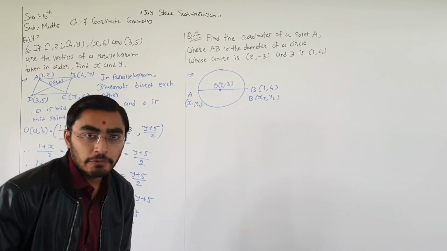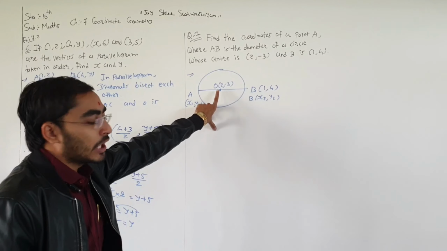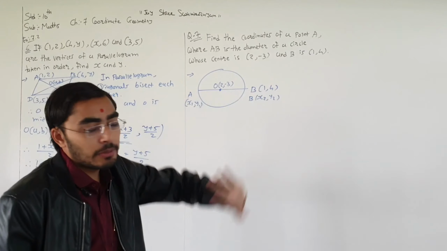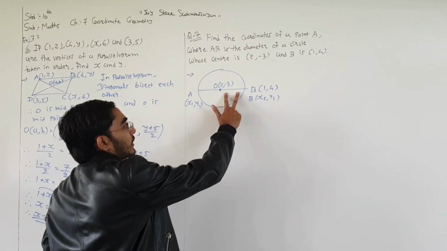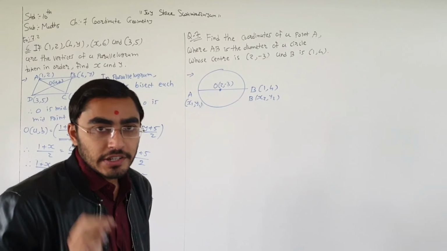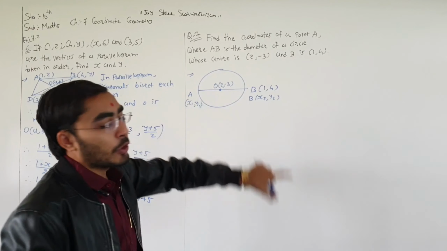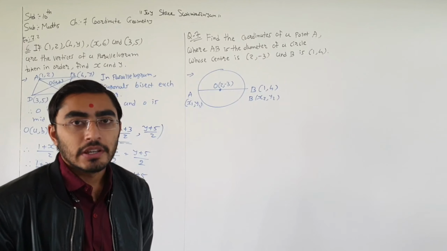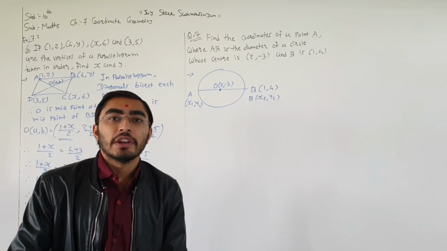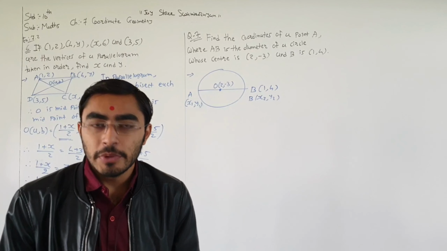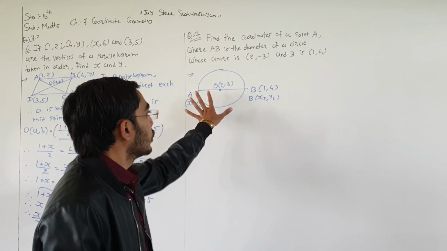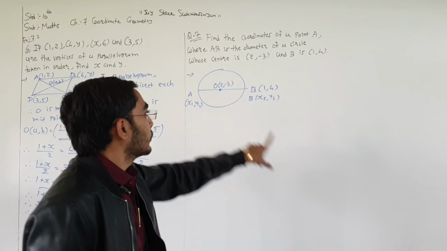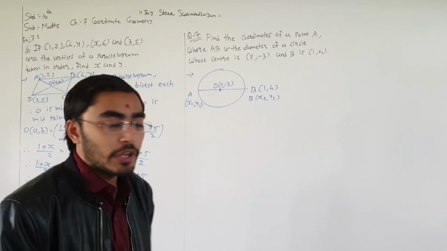Now one more thing that we know is that O, that means the center, is the midpoint of diameter AB because OA is a radius, OB is a radius, both are equal. That means center O is the midpoint of diameter AB. Right? It's always true. Here we have a radius, here we have a radius, that means both parts are equal. It means O is the midpoint of AB.